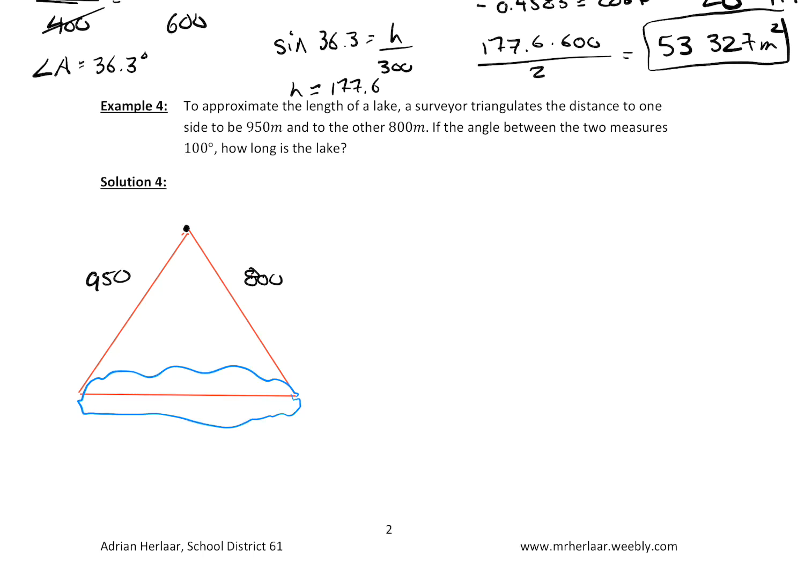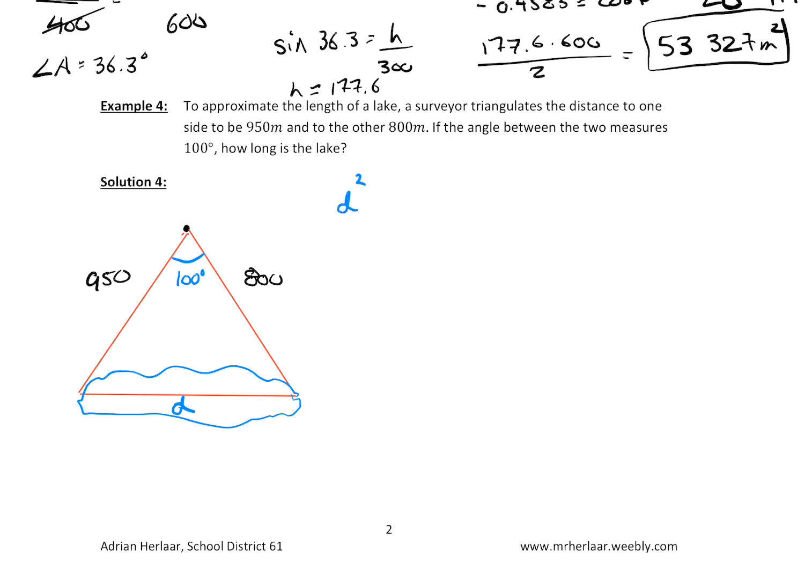What other information do we have? The angle between the two measures is 100 degrees. So we need that. We're looking at a side angle side, so you'd be solving for your smaller angle first if you wanted the angles, but we don't care about that. All we want is D, and we have enough information here to use the cosine law.